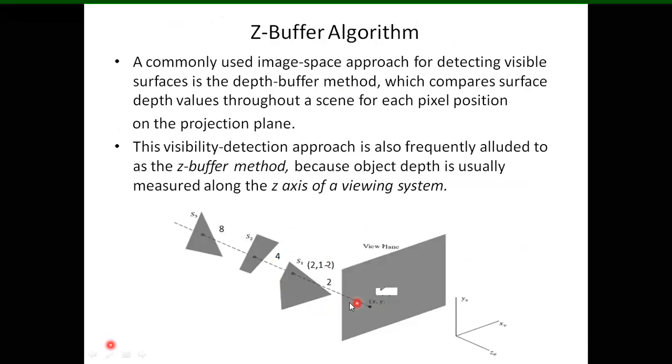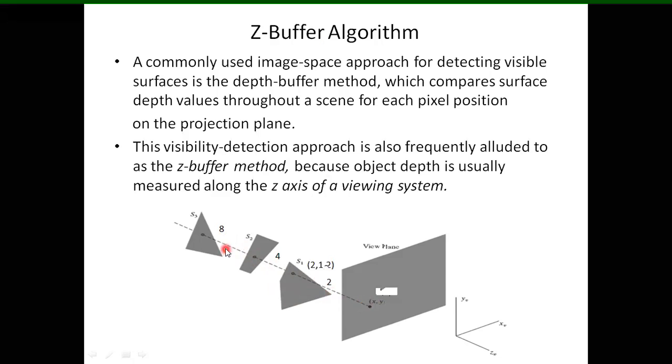If I take this example, what is the depth value of this pixel on this surface, this same pixel on this surface, and this pixel on the same surface? I need to check whether this pixel is front face, or this one, or this one, so I will check the z values. Z value means which is nearer to my plane. So this is 2 units, this is 4 units, and this is 8 units.